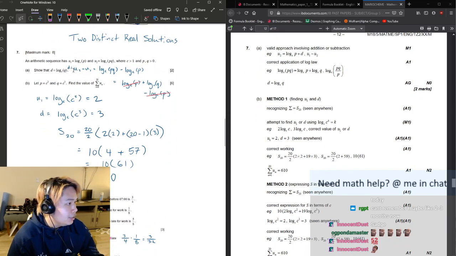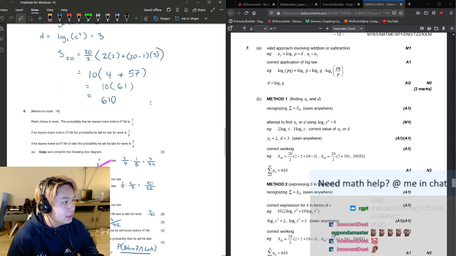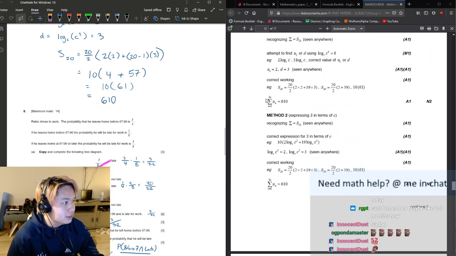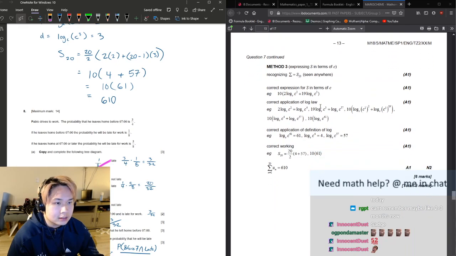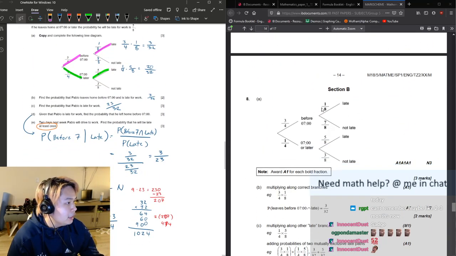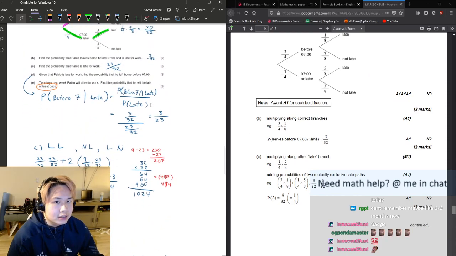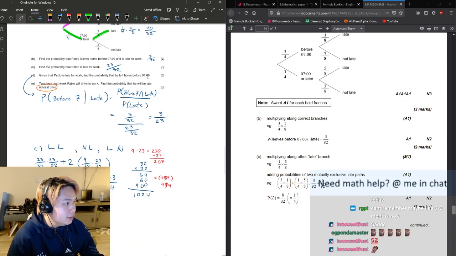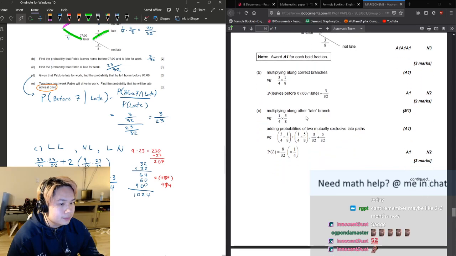Part A, show that D is log CQ, so yep. And then 610, 610, so that's good. Fill out this table, 1/8, 7/8, 1/4, so same thing. 3 over 32, 3 over 32.